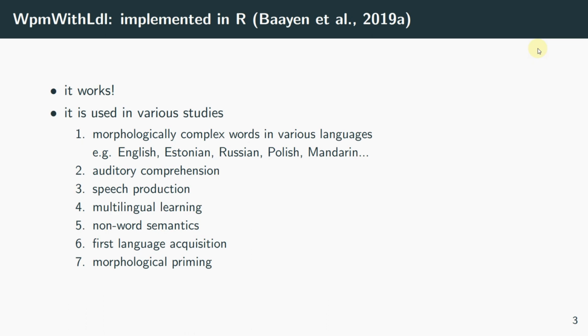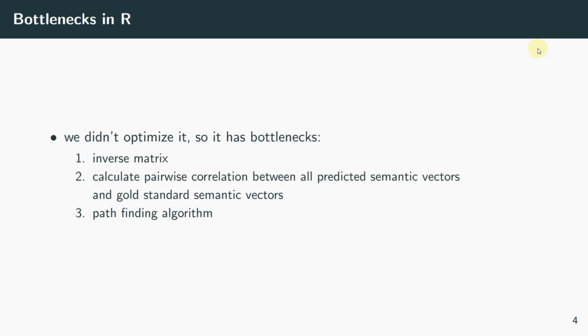We had already implemented our model in R, the WpmWithLdl package. One nice thing I can tell you about it is it works. And this model has been applied to a variety of studies, such as morphologically complex words, and other studies like auditory comprehension, speech production, etc. We conceptually proved the model works, but since we didn't optimize our model in R, it has bottlenecks when we scale up to a larger dataset.